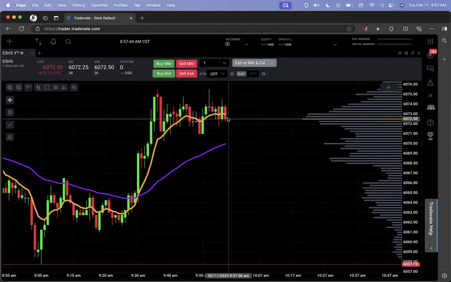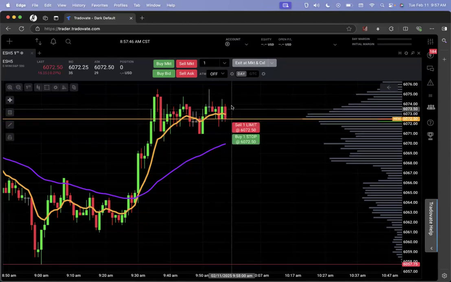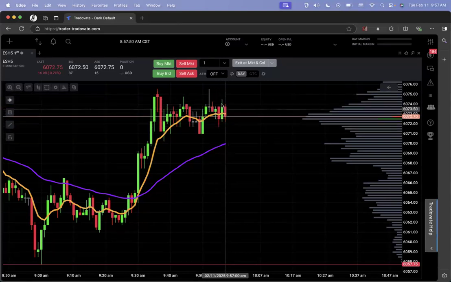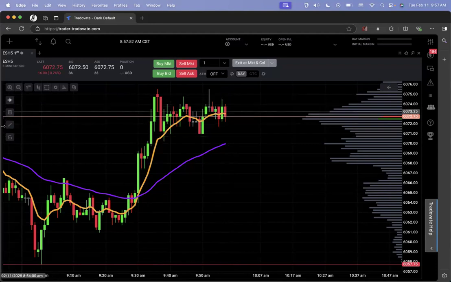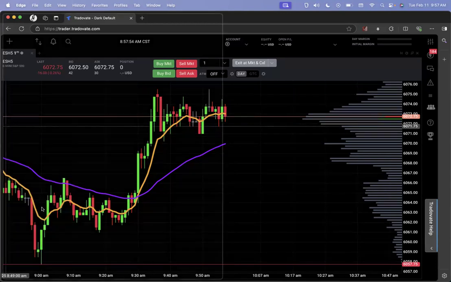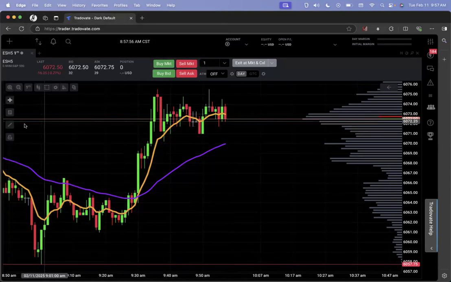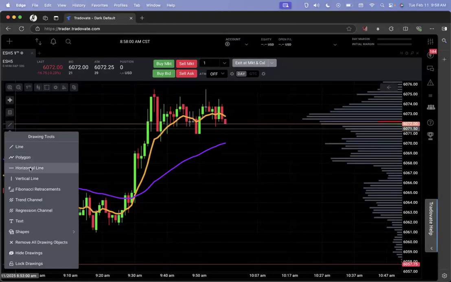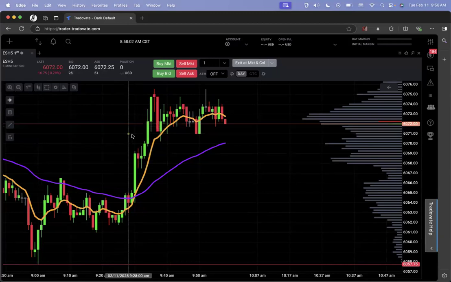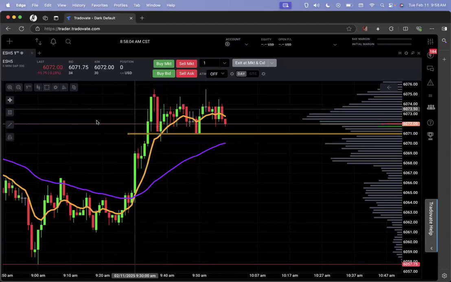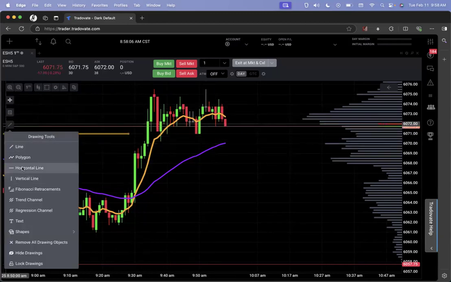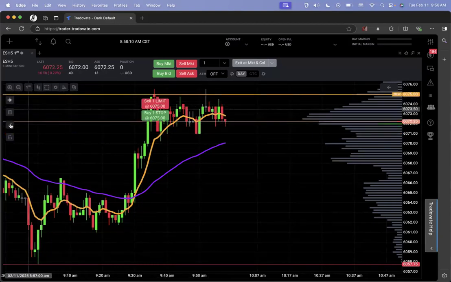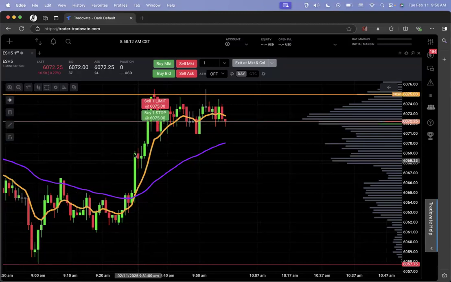So again, we're still ranging in this area. Now we're pretty much around this. Move this out the way. It likes this level for some reason, so we're going to put that there, and then we're also going to put this here. Oh, messed up there.